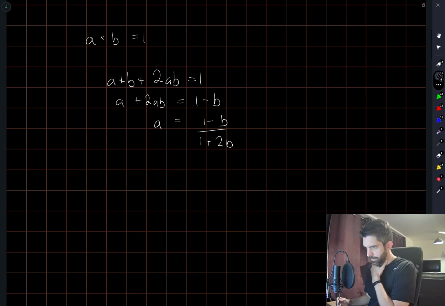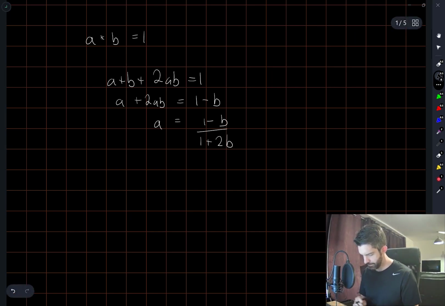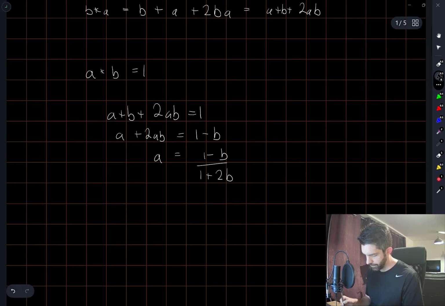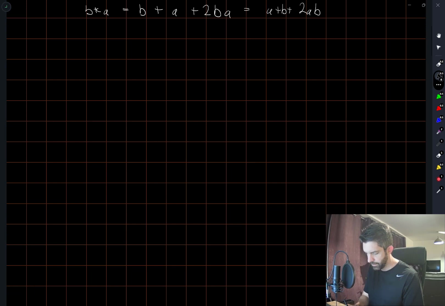Oh, I'm trying to find an inverse here. I've skipped one of the properties. I want to do this in order. I want to see if there exists a b such that this is always true.